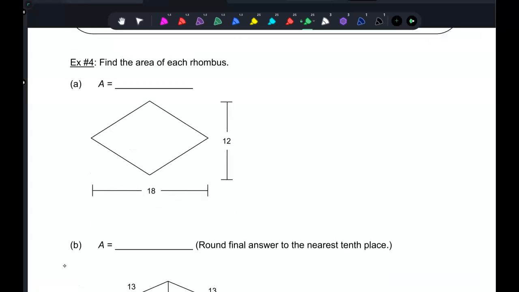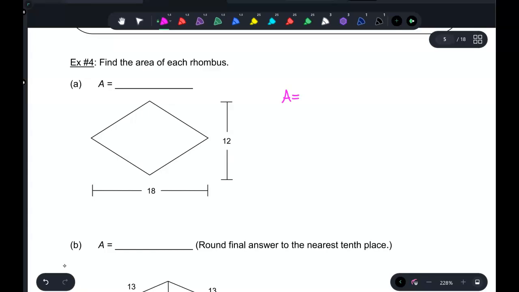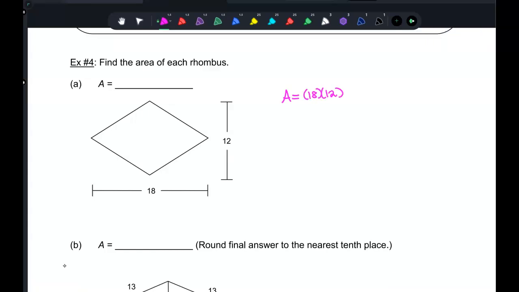Find the area of each rhombus. So when it's drawn this way across, that means the entire diagonal 1 and diagonal 2. So area is just going to be 18 times 12 divided by 2. Now, of course, there's going to be trigonometry involved and maybe special right triangles because it incorporates what we did back from chapter 8.